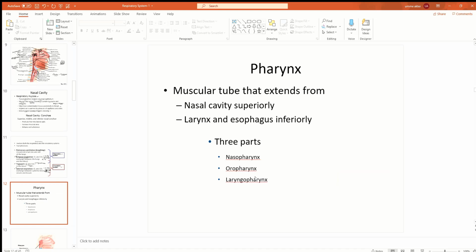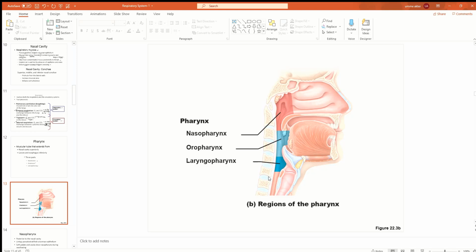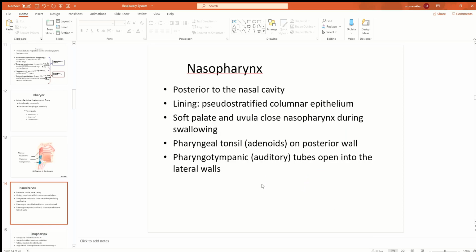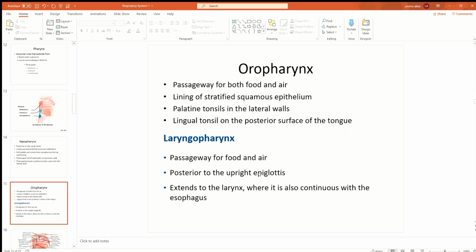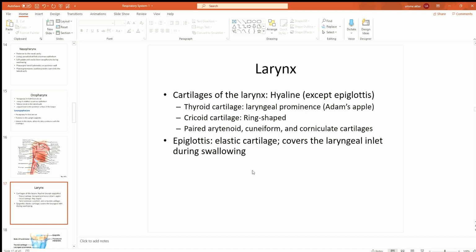We have already talked about three parts of the pharynx, and here by three different colors you see three parts of the pharynx. We have already talked about nasopharynx, oropharynx, laryngopharynx. I have shown you those parts. Now the larynx. Larynx is, I mentioned, a mostly cartilaginous structure.